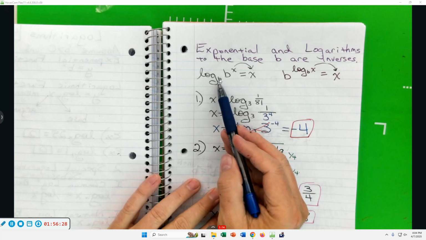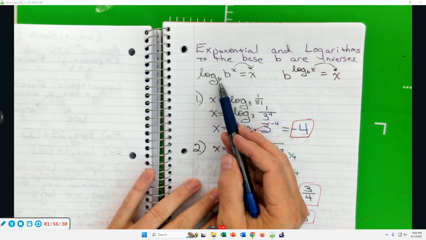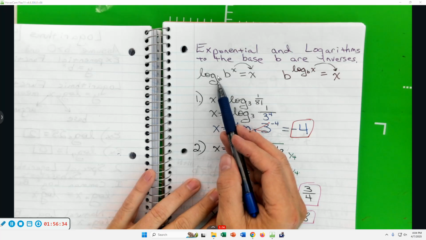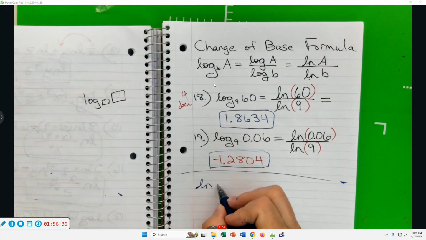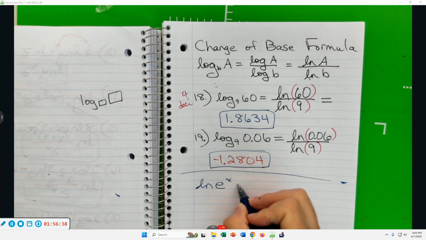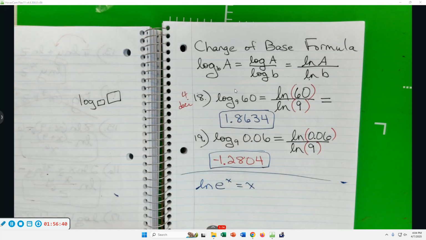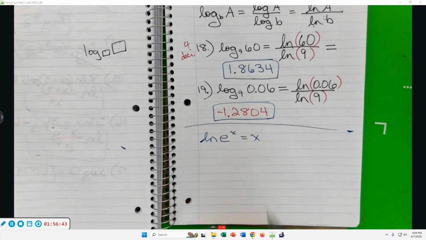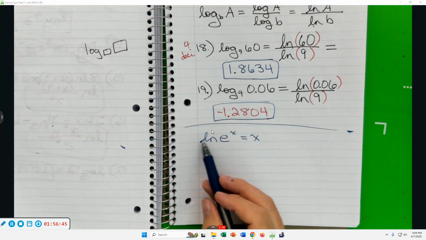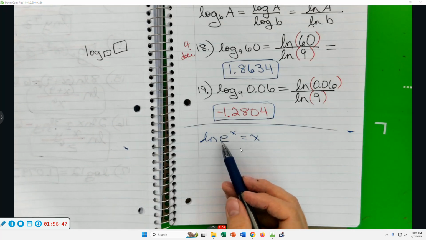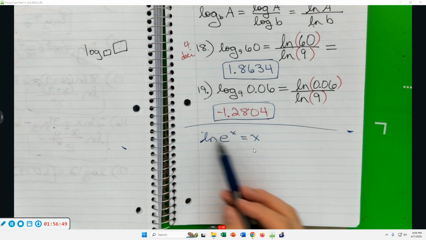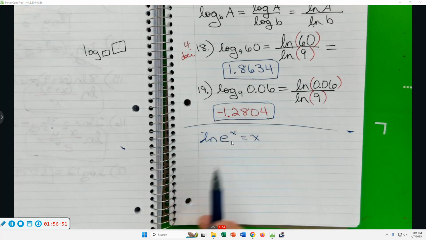What's the assumed base of the natural logarithm? We don't show a subscript. What do we assume it is? e. ln of e to the x reduces just to x. Because ln and e are side by side, they're inverses. When performed consecutively, they cancel themselves out.